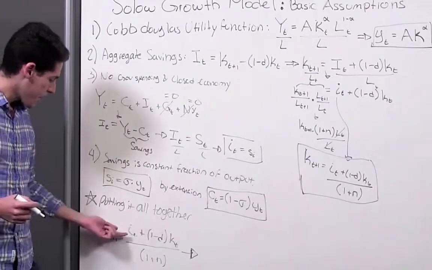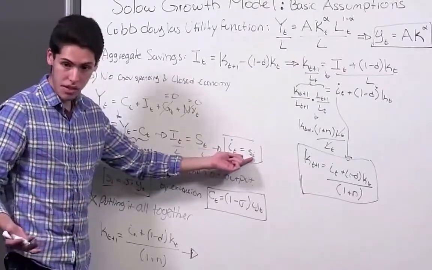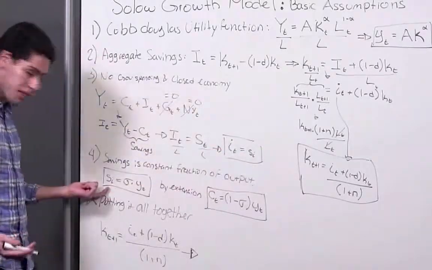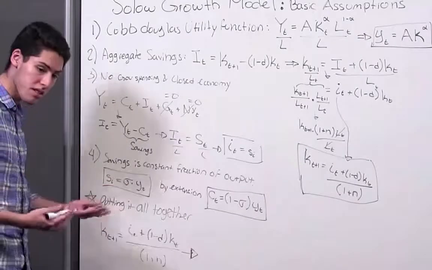This is our function, and we know that investment per capita is the same thing as savings per capita, and we know that savings per capita is equal to sigma times our output. So we're going to substitute that in.